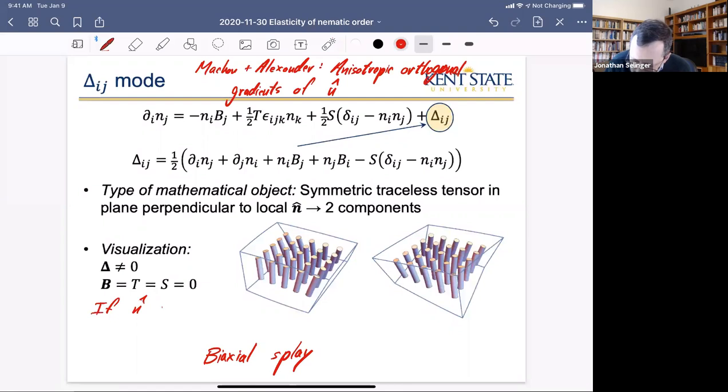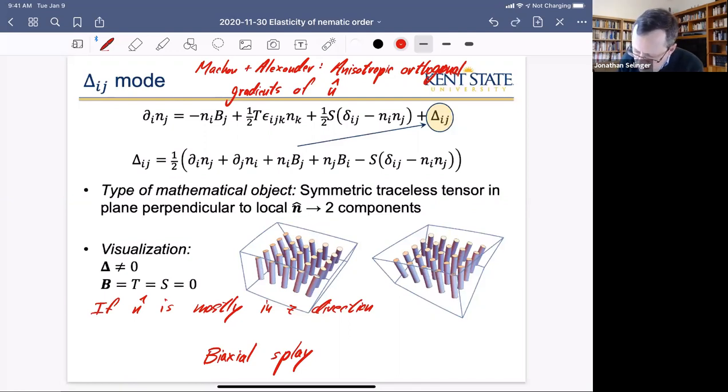So if n is mostly in the z direction, then there could be a mode where the director tips outwards in one direction and inwards in the opposite direction, in the perpendicular direction. Right? So that's what's shown in this picture right here.